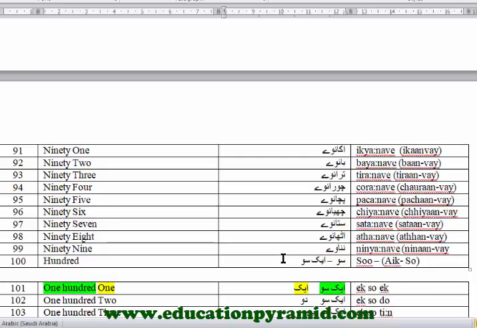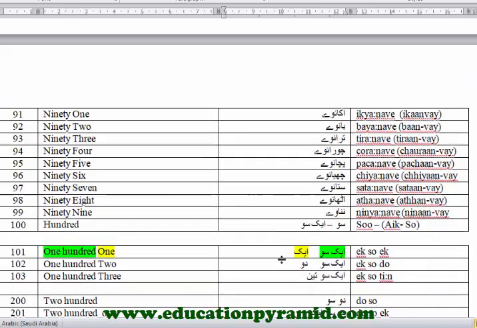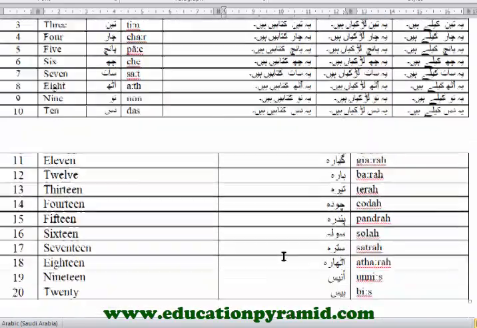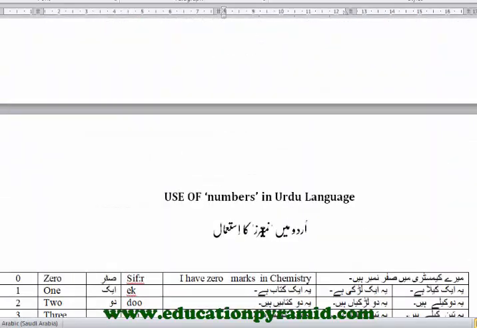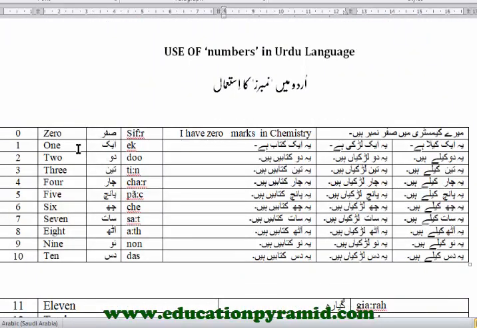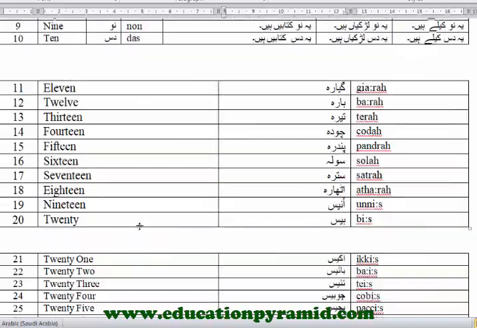Now when we move after 100, then we will repeat all these numbers one by one. For example, if it is 101, we will add 1, then 102, 103. And if we are after 200, then 201, 202, 203, and after 300, 301, 302, 303, 304, and so on.